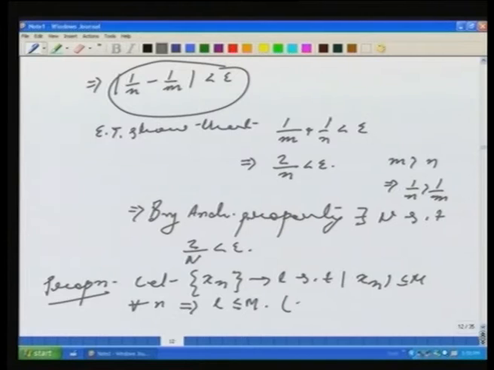that if mod of x n is strictly less than m, does this imply L is also strictly less than m? Think about it. Now, how to prove this? The proof is again simple.